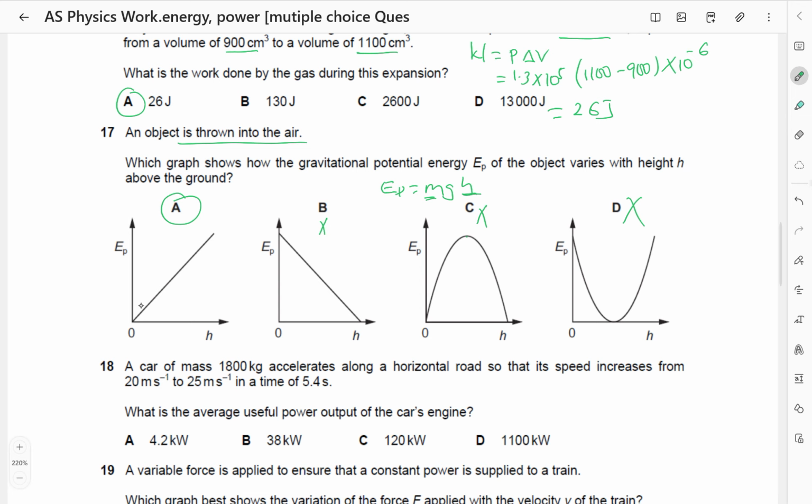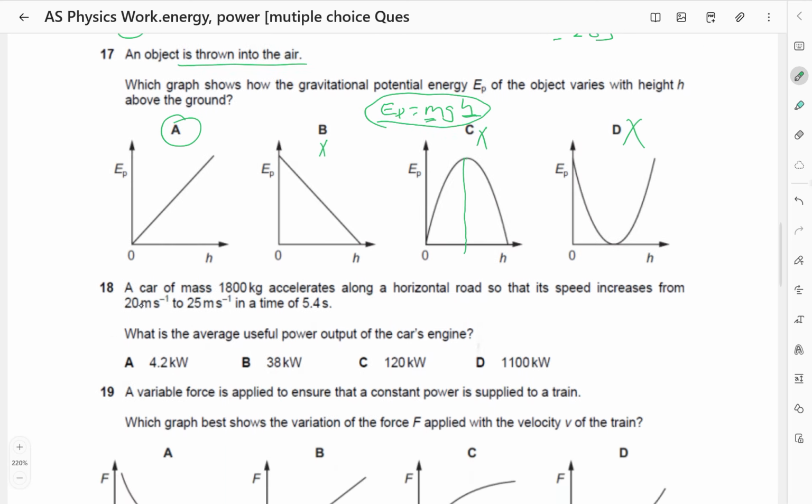When there is no h, then potential energy is zero, which helps us to eliminate B and D. And this graph was showing that the potential energy becomes maximum at a certain height, and then it starts decreasing as the height increases, and we don't see that in this formula here. So the answer is A.